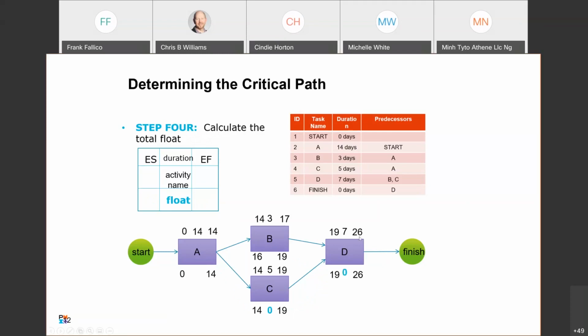So 26 minus 26 is 0, 19 minus 19 is 0 for task C. Okay, 19 minus 17 gets our float of 2 for task B, and then 14 minus 14 is 0 for A. Okay. So activities on the critical path have a 0 total float.